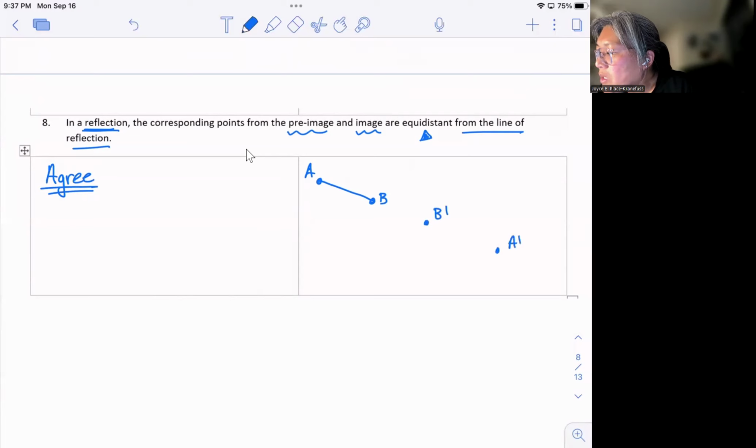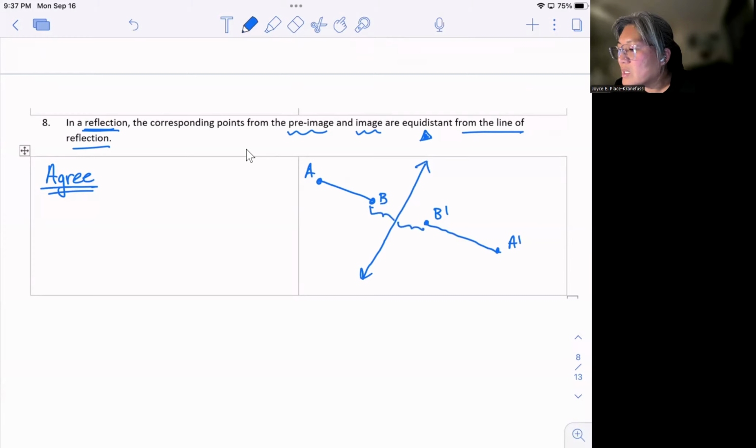From the line of reflection, this distance and this distance are the same. Now, I'm hoping you would get a ruler out and draw better lines than I'm drawing right this second.